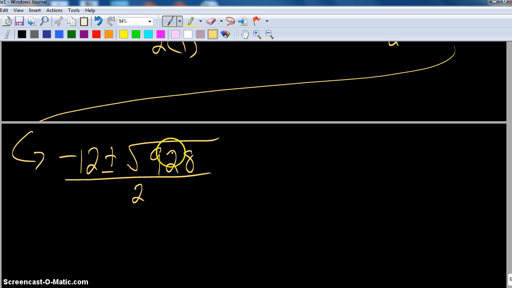Now, this right here, if you put it in the calculator, it gives you 30.4. This part does right here. I haven't decided yet whether I'm going to make you simplify it perfectly, which they do in Algebra 2 and Pre-Calc and Calculus. I just haven't decided yet.